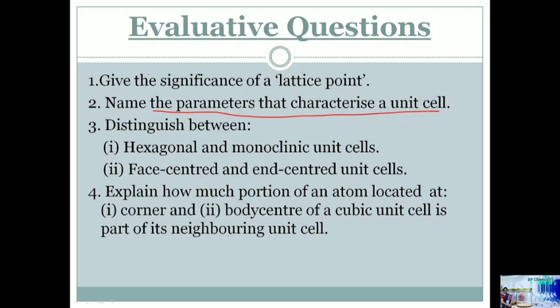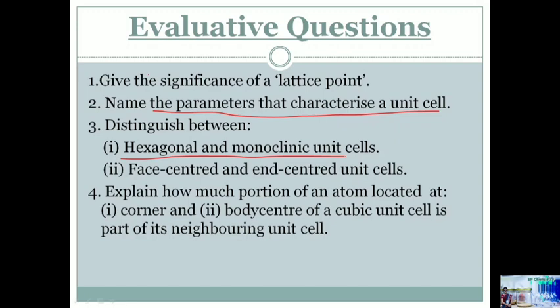Next question for you, distinguish between hexagonal and monoclinic unit cell. Hexagonal we have already discussed, let us repeat. As we know, in hexagonal, A is equal to B, is not equal to C, and alpha is equal to beta is equal to 90 and gamma is equal to 120.